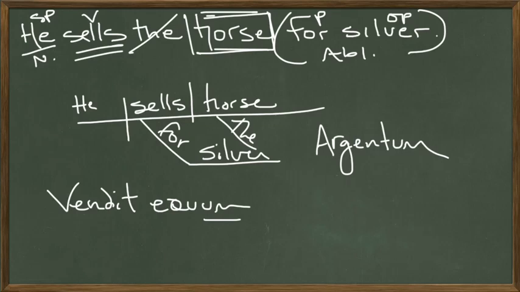If you guessed silver, you passed the test. Vendit equum. He sells the horse for silver, but we've got to put argentum into the ablative case. So we're going to change argentum to argento. Vendit equum argento.